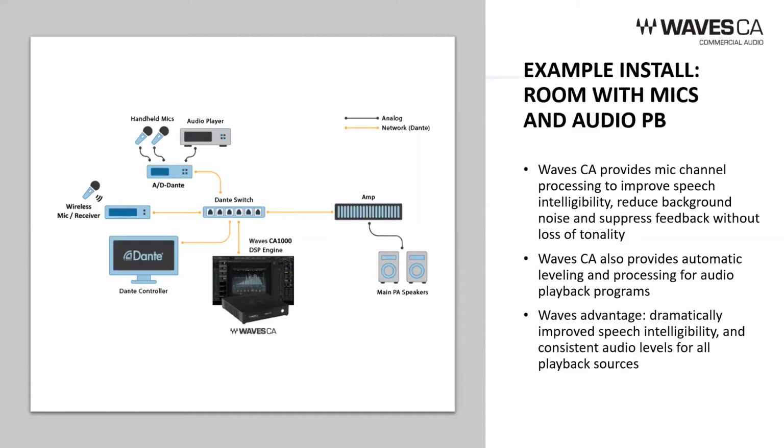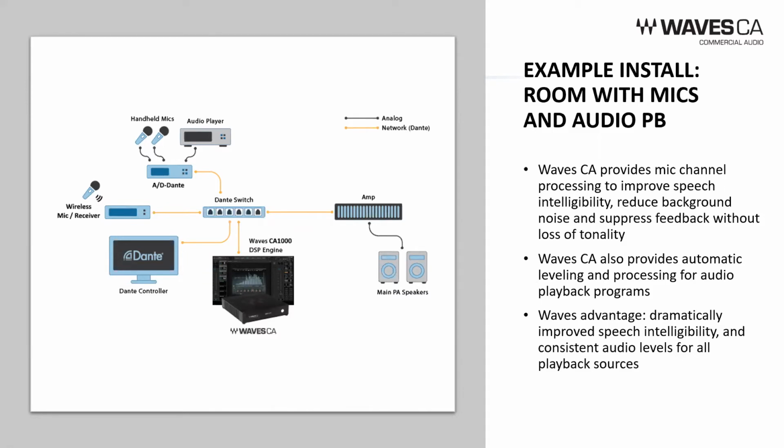In this case, the Wave CA DSP engine is being used to provide speech intelligibility, reduce background noise, reduce feedback, and of course, what we already talked about, help the audio streaming by having the automatic leveling of that audio playback.